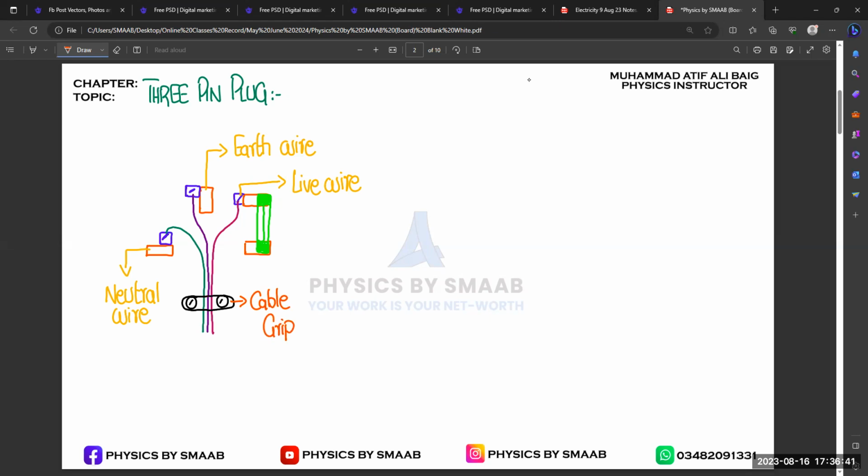If you complete your diagram, it will look like this. So now you can see that this is the complete structure of the three-pin plug, right? The internal parts are there. Now we have four new things. One is not written over here, that is this fuse.